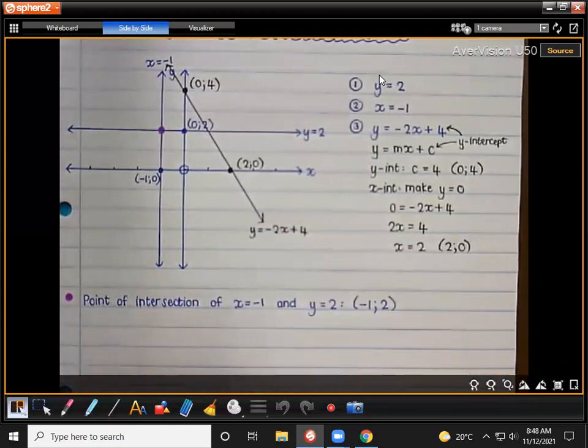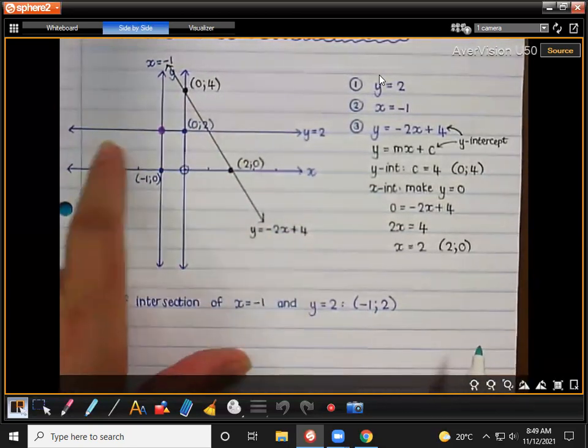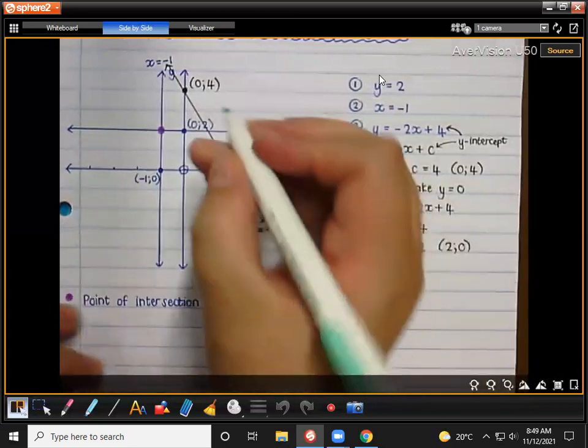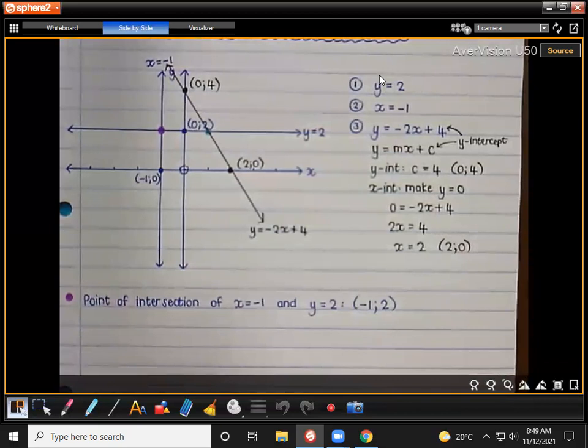Now, guys, I would like you to take a different color pen or highlighter if you have. If not, it's fine. Just maybe do like a star or something so that you can see which one is which. Do we notice that we have a point of intersection between this black line, the skew one, and y equals 2? Let's use our highlighter there to just indicate that point. They can ask you to find the coordinates of that point.